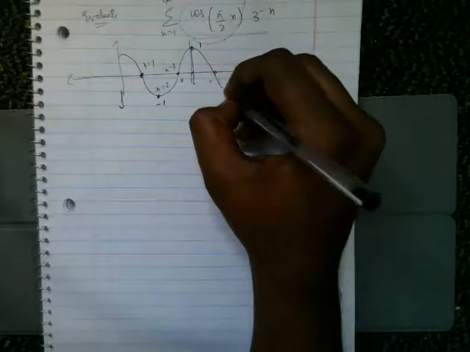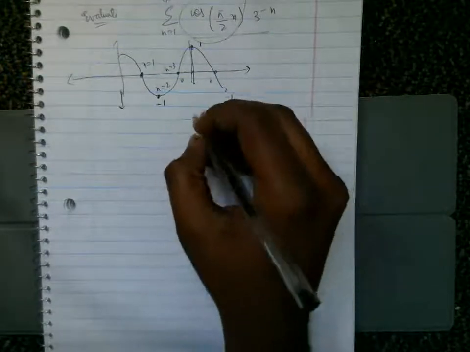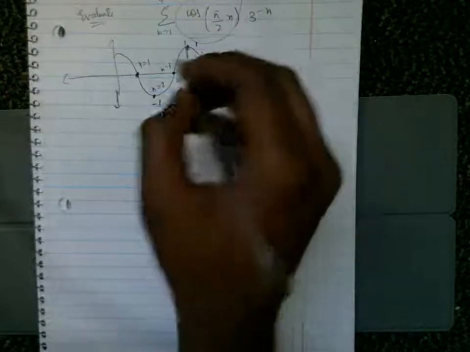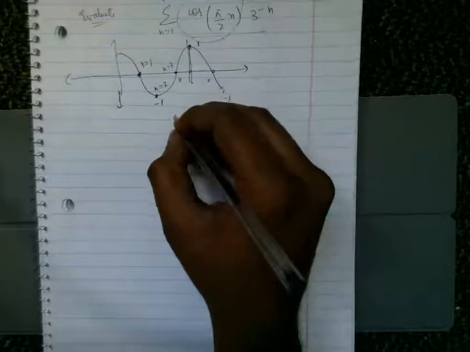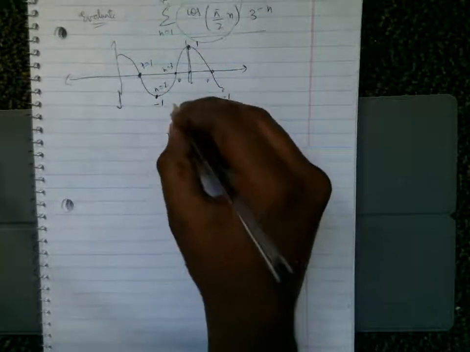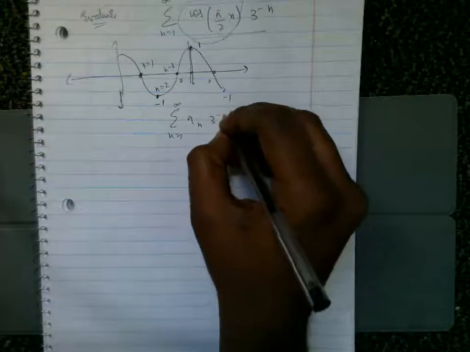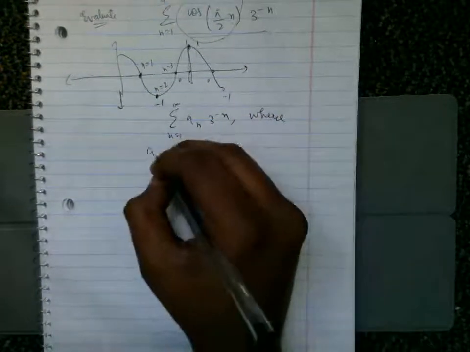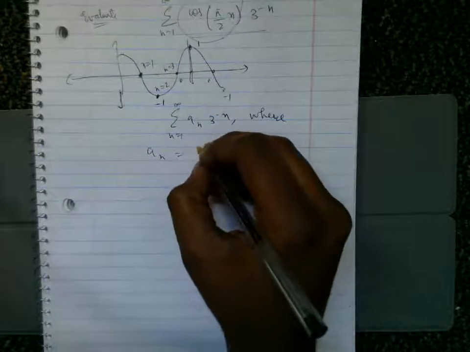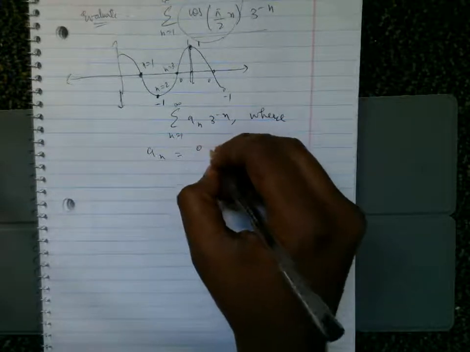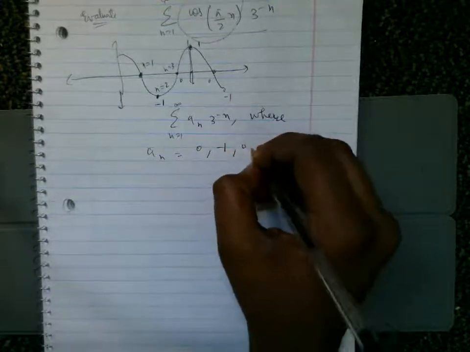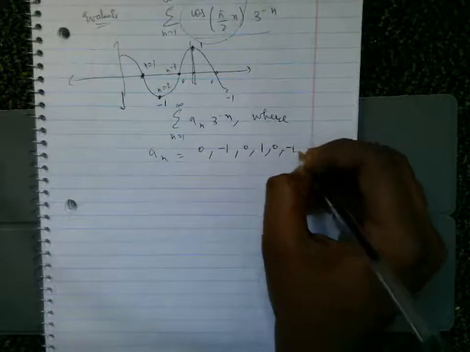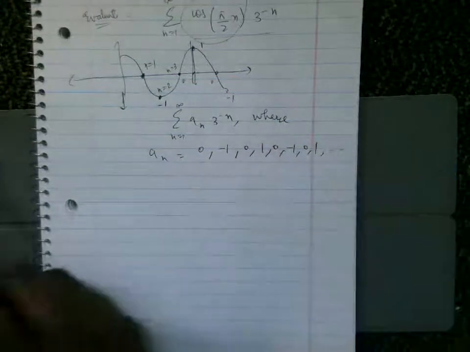And so on, these values keep on repeating. So basically, this term can be written as the sum over a_n times 3 to the power minus n, where a_n is as follows. It starts from 0, goes to minus 1, then 0, then 1, then 0, minus 1, 0, 1, and so on.